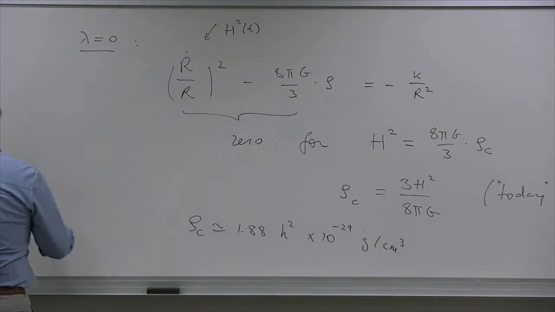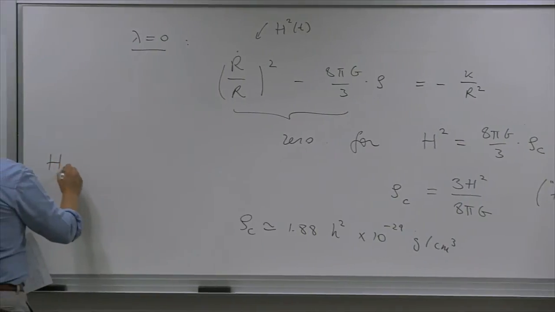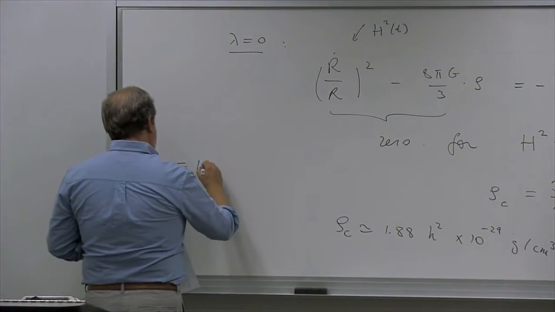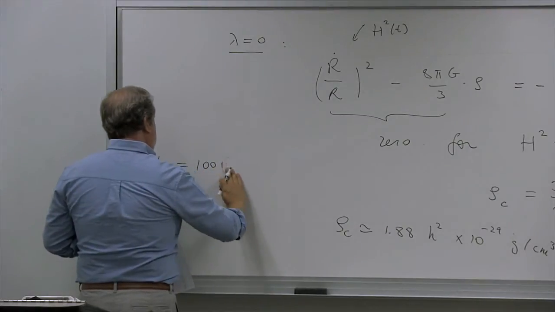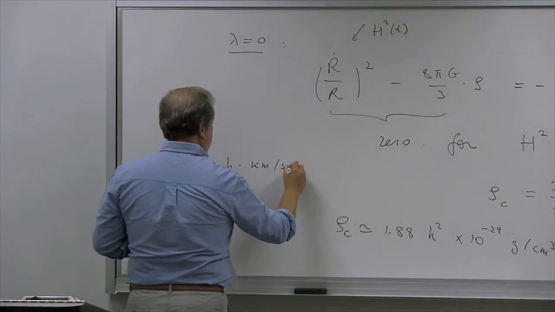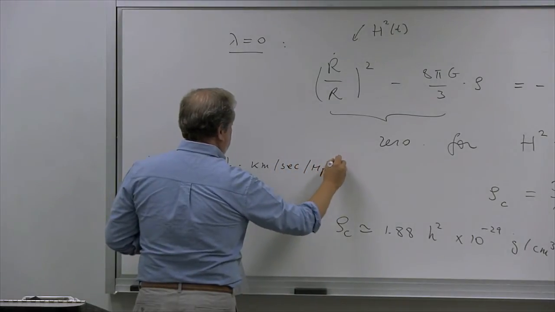So what is h? Well, this h is the h that I introduced last time, namely one writes H naught as 100 times little h times kilometers per second per megaparsec.